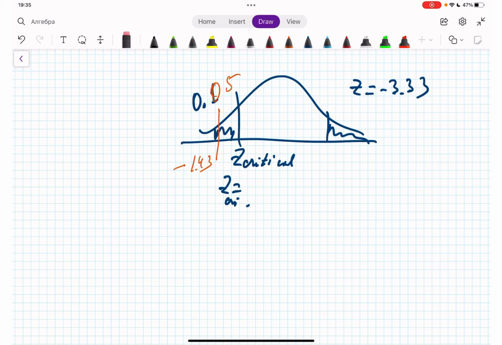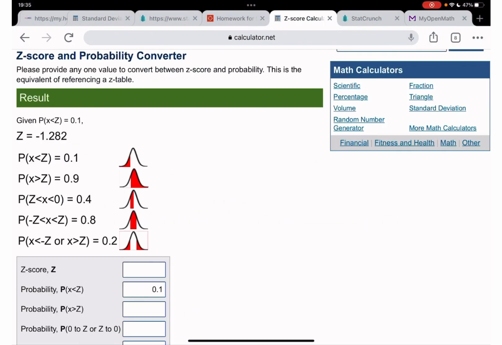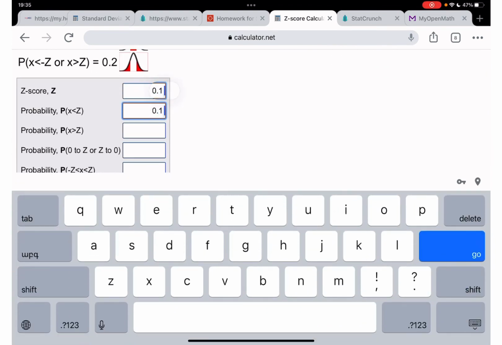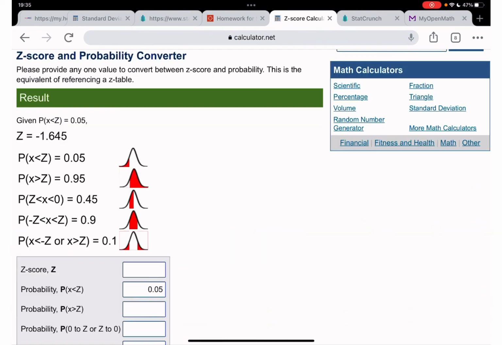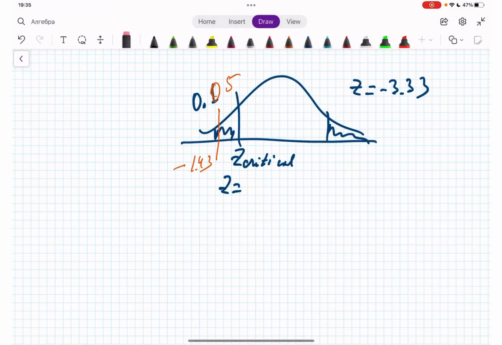Let's clean this. We need to find our Z critical. Okay, we are going here. So 0.05, right? So Z critical is negative 1.645.